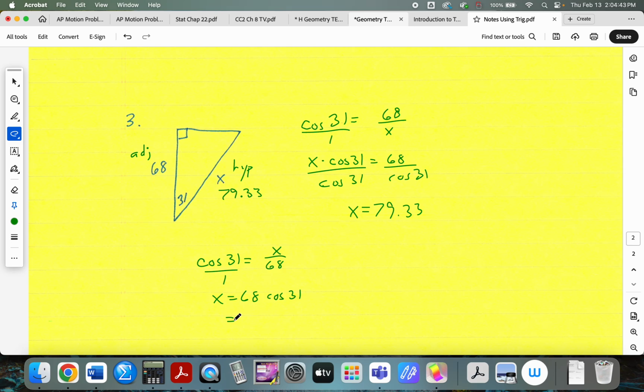And let's see, 68 cosine 31. Oh, hang on a second. Accidentally hit an extra key. You get 58.29.